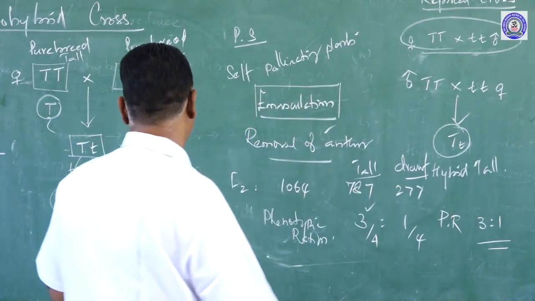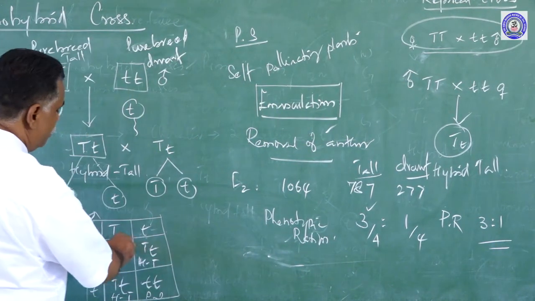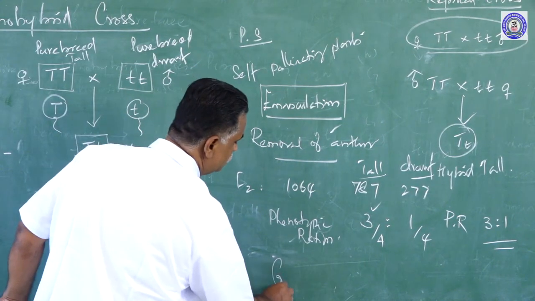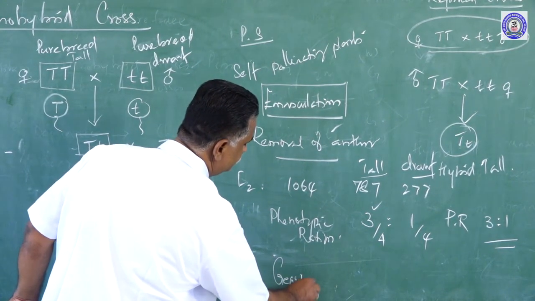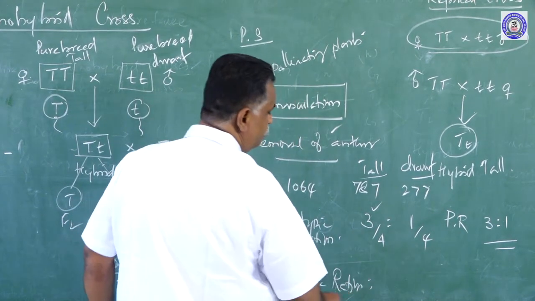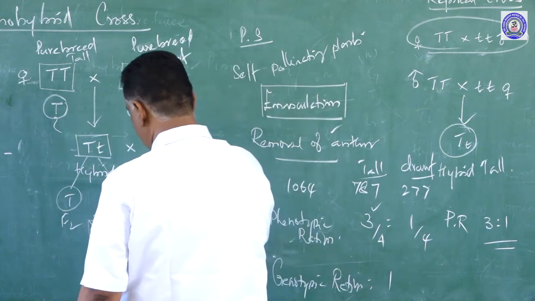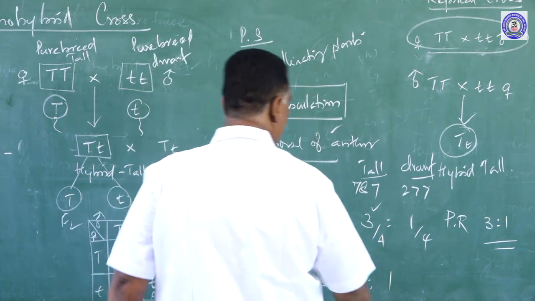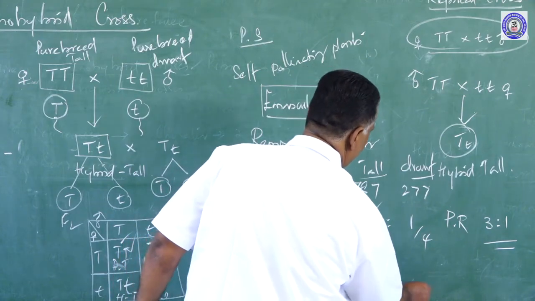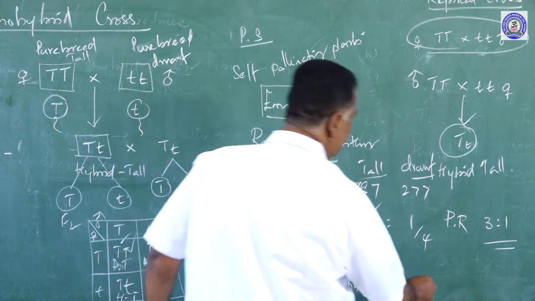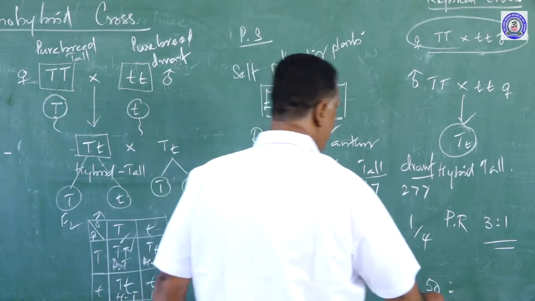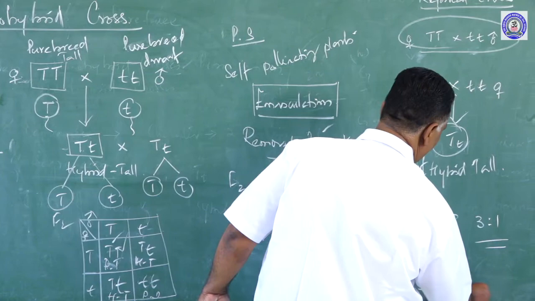What is the genotypic ratio? If you see here, pure breed tall only 1, that is genotypic ratio. Pure breed is 1, that is 25%, and hybrid 2, that is 50%, and again pure breed dwarf is 1, that is 25%.